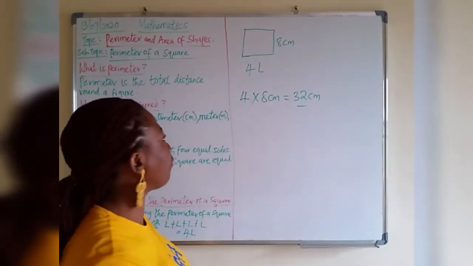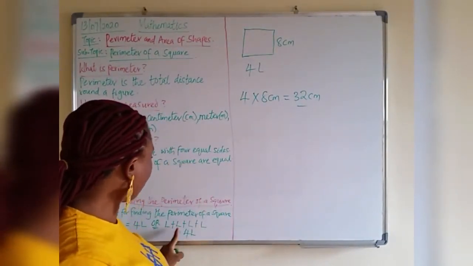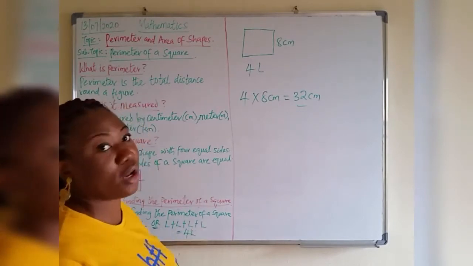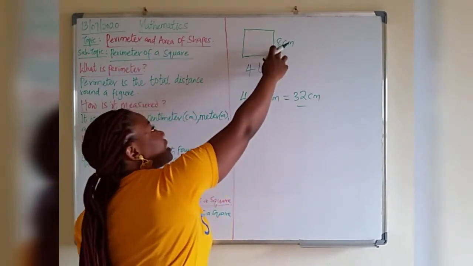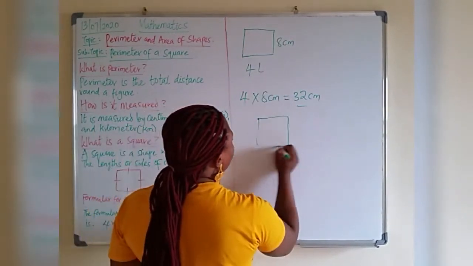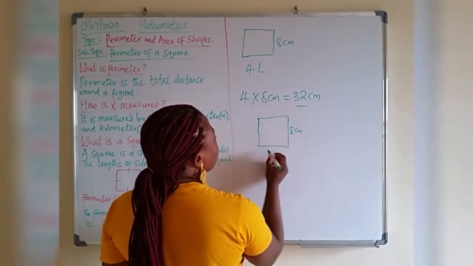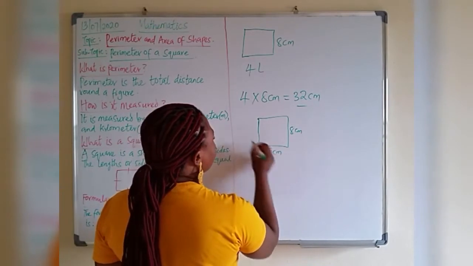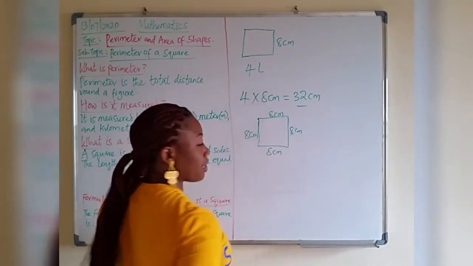Now, how do we show the proof of this? To really prove it, because here we also said L plus L plus L plus L is equal to 4L. As long as we are giving one length of the square 8 centimeters, it means that every other length of this square is equal to 8 centimeters, right?